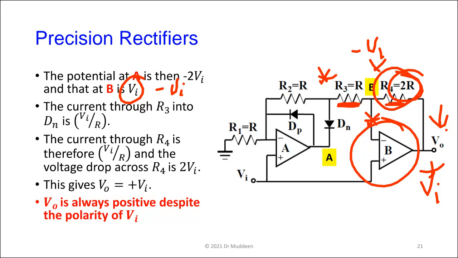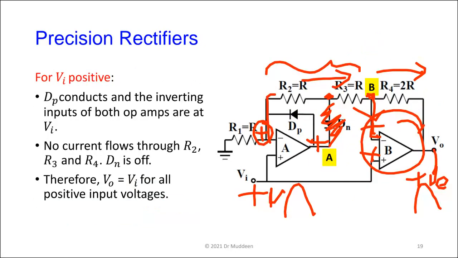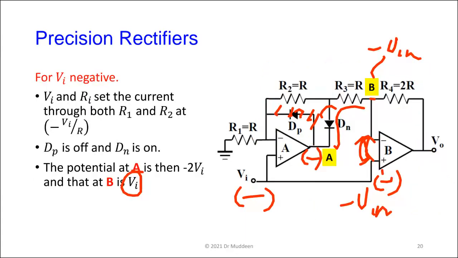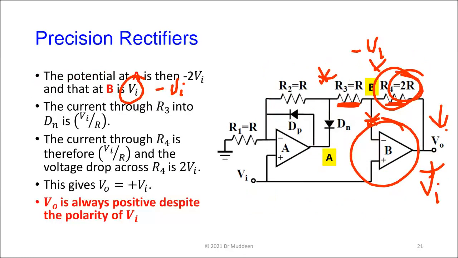And if that is the case, then again, notice what happened here. We started off with V in positive. When V in was positive, the output V out is also positive. Now, when V in is negative, because of the fact that this diode is now conducting and bringing that part of the circuit into behavior. So when the input was positive, the first time we got this behavior here.